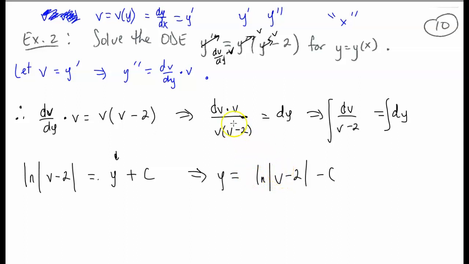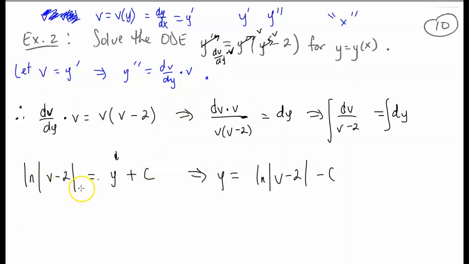If you remember, v is y prime, or the derivative of y with respect to x. And so here we're trying to find what y is in terms of its derivative, and that's not going to fly because we need to know explicitly what y is in terms of x.